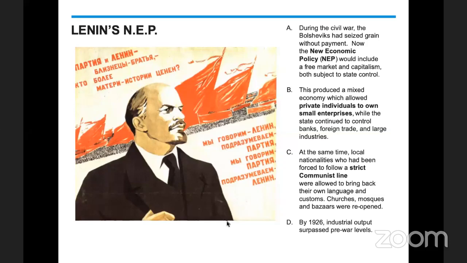By 1926, industrial output will surpass what it was in 1914. But that took a really long time because of the war and the subsequent revolutions and civil war. So the NEP is successful, and we'll see what happens next after the weekend.